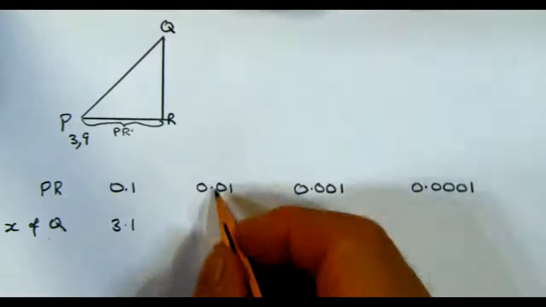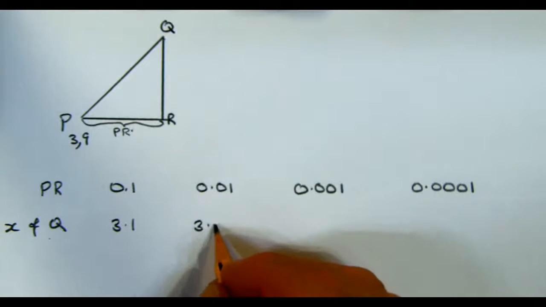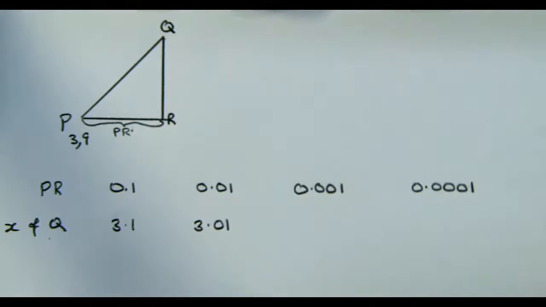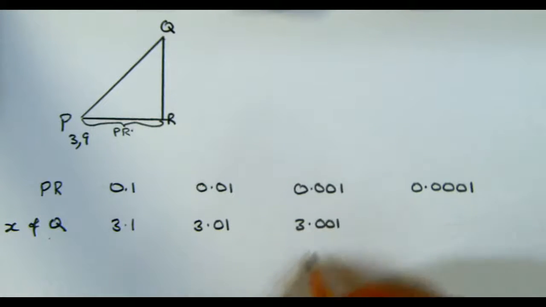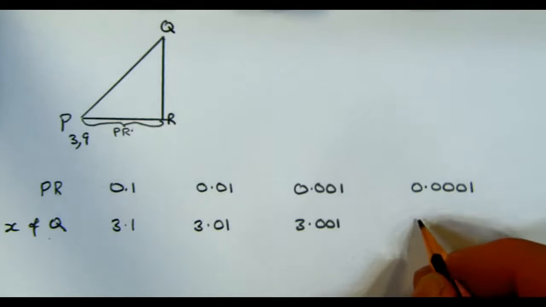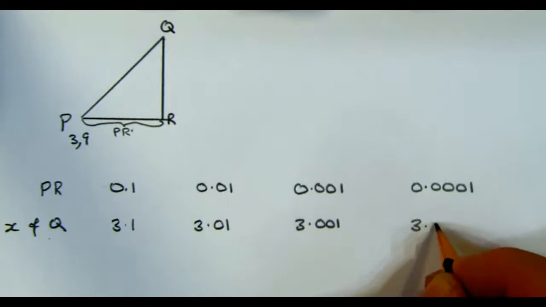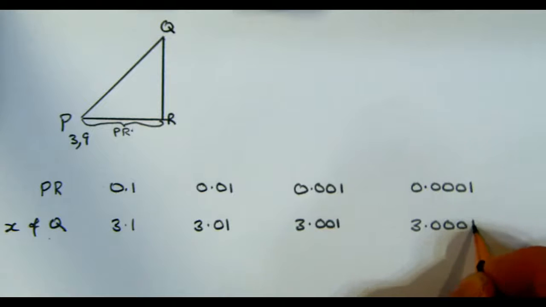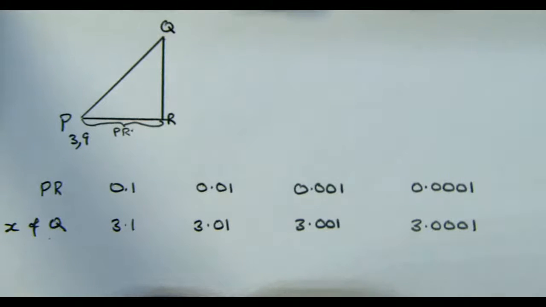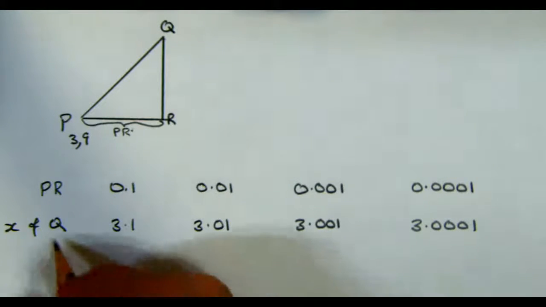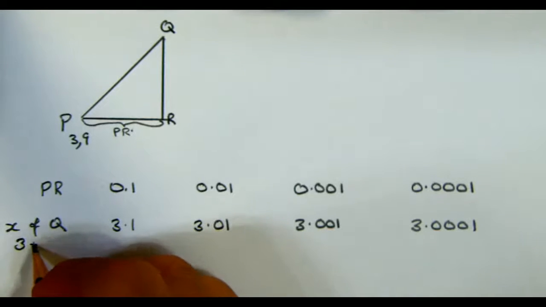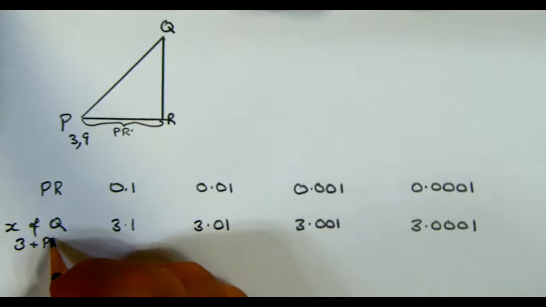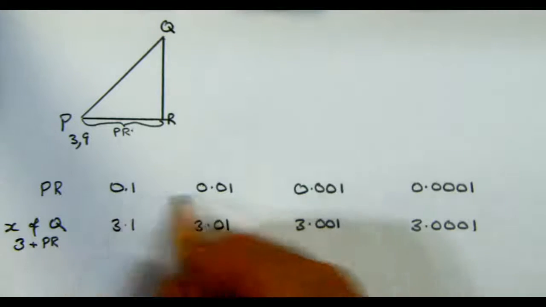In our other example, it's going to be 3.01, then 3.001, and in our final scenario, 3.0001. So this is 3 plus whatever PR was.